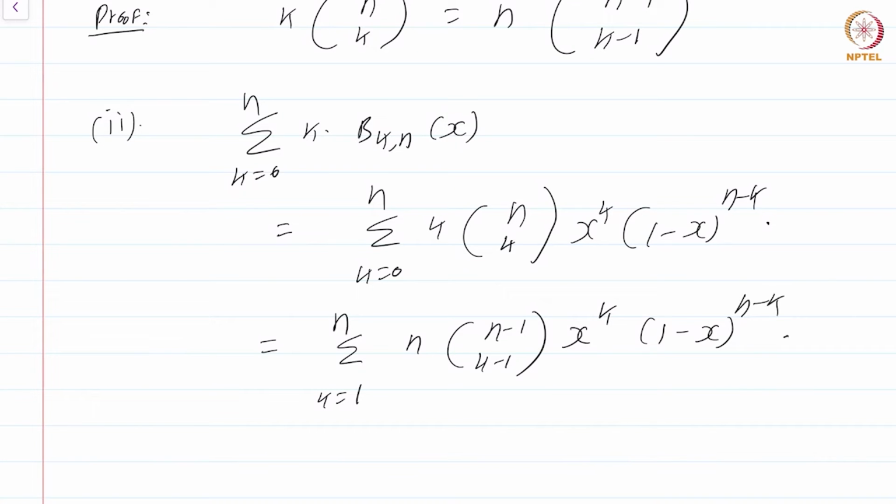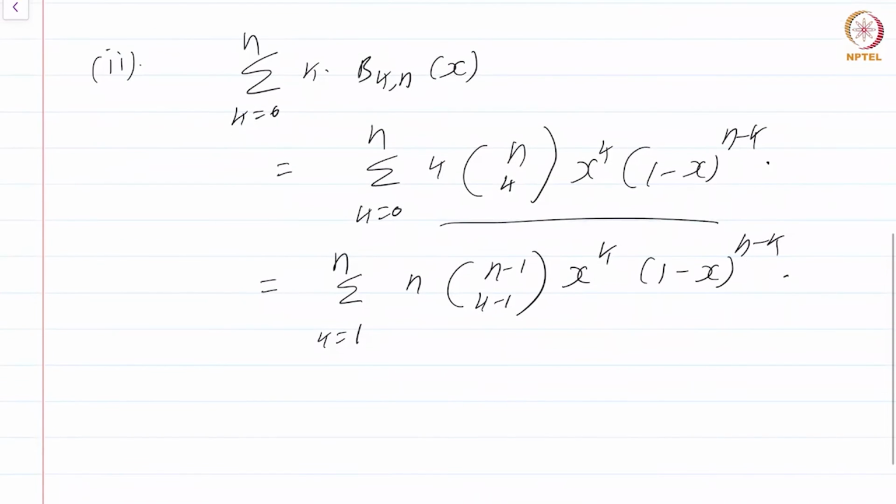Note the term corresponding to k equal to 0 vanished, because obviously when k equals 0 this term is 0. Now that we have this, we can take this n outside simply because it does not depend on the variable over which we are summing, which happens to be k. So we can write this as n times summation j equals 0 to n minus 1 of n minus 1 choose j.